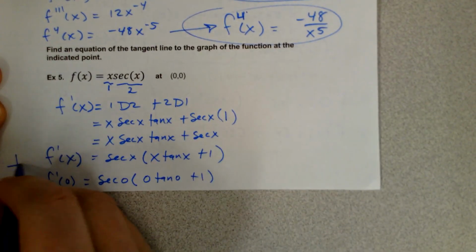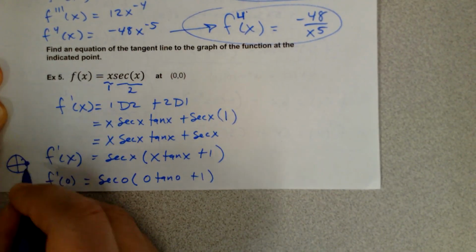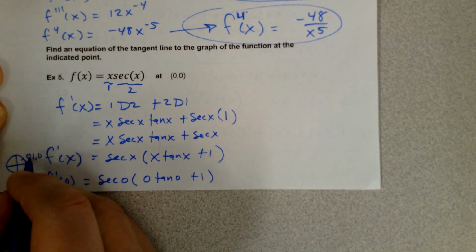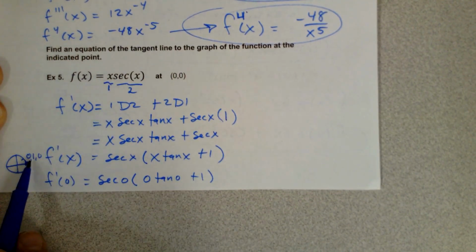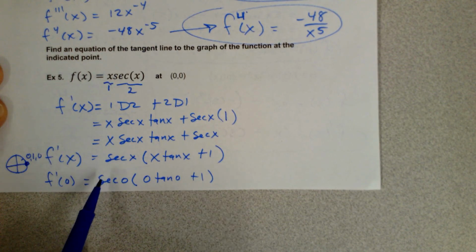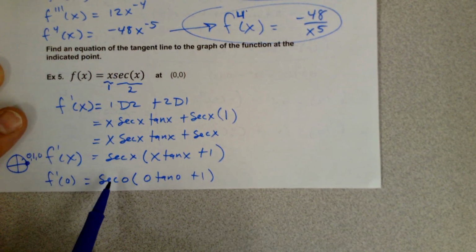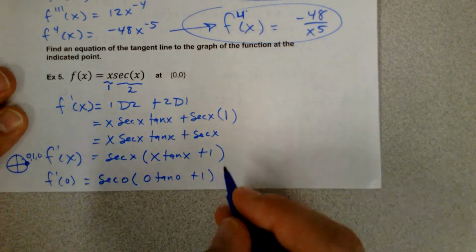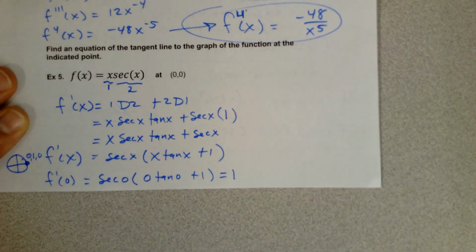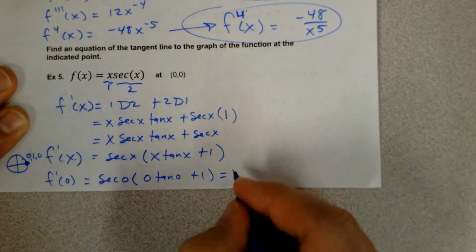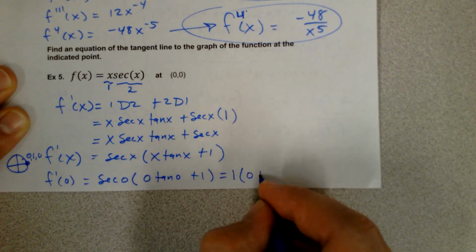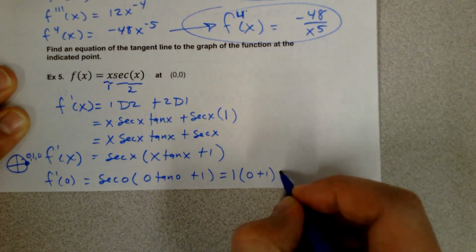Okay, so we can go off to the side. 0 is right here. Cosine is 1, so secant, which is cosine's buddy, 1 over cosine, is 1 over 1. We end up with 1 there for secant. 0 times tangent is 0, and then plus 1. So we get 1 times 1, which is just 1.